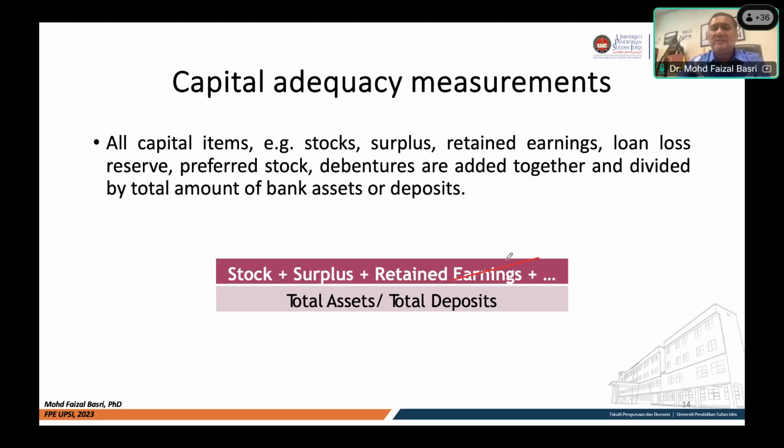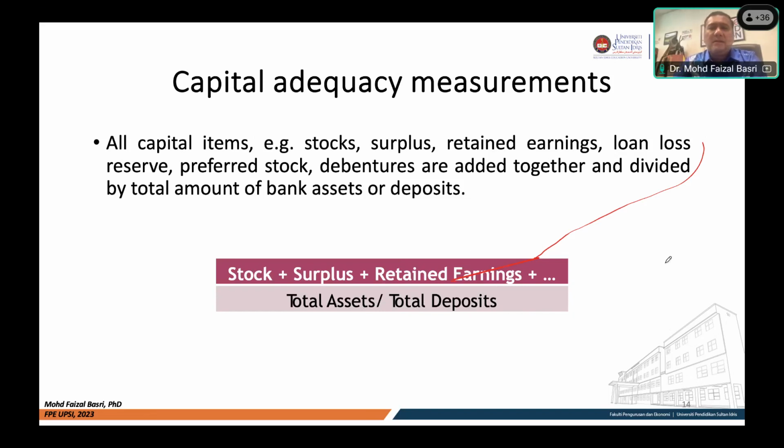These all go in here, and then they divide it by the total assets, total liabilities, total deposits.